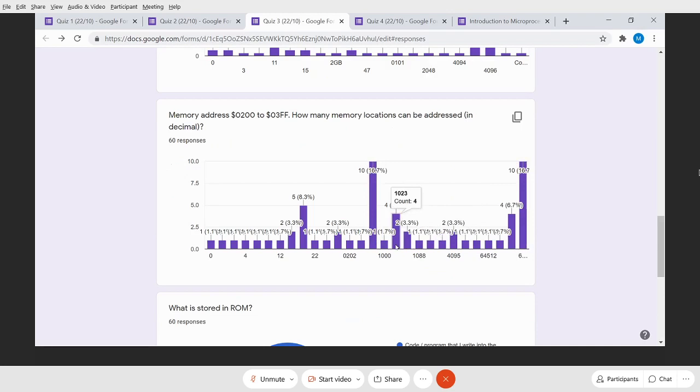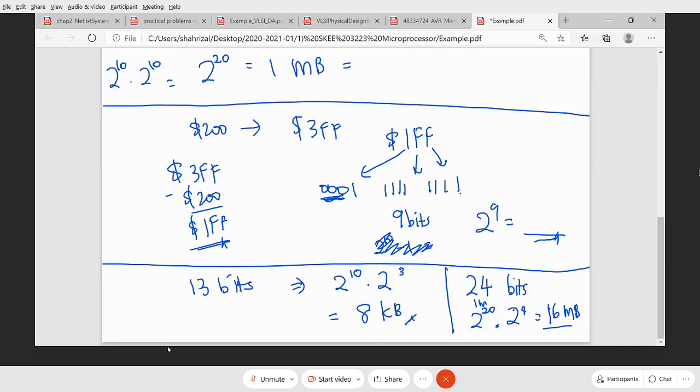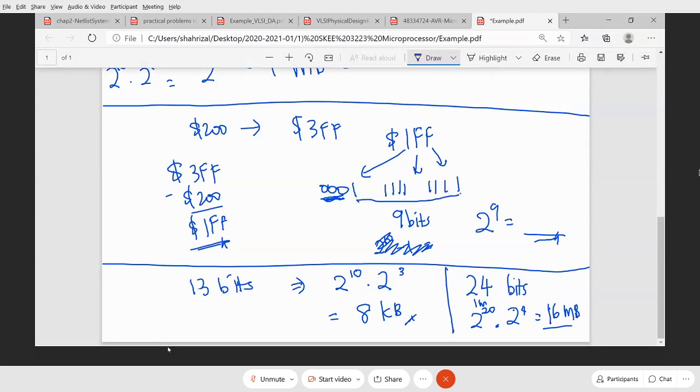Can you explain why it is 10? It says 9 bits. So you have 9 bits here, right? You actually fully utilize all 9 bits.